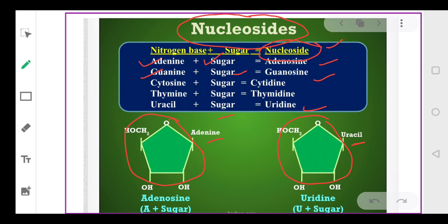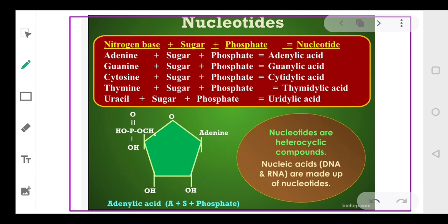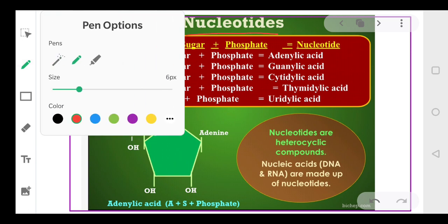Okay. So nucleoside means nitrogen base plus sugar. Coming to another component which is called a nucleotide. See students, these two are very, very important. Many students generally get confused with nucleoside and nucleotide. Nucleoside is nitrogen base plus sugar. Now just focus on nucleotide.